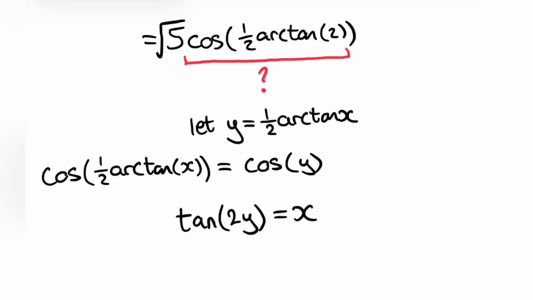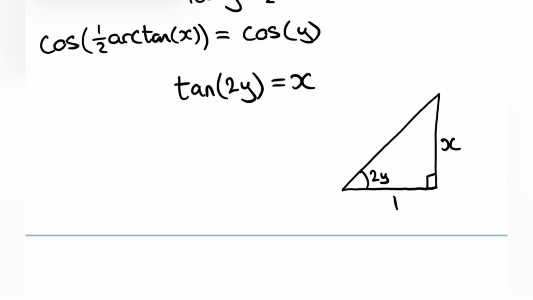Next, we're going to rearrange our substitution for x. So that's timesing up by the 2 and then doing tangent on both sides. We get tan of 2y equals x, and now we need to find what cos of y is based on this, based on what tan of 2y is. We start by drawing a right triangle with an angle of 2y and then filling in the sides.